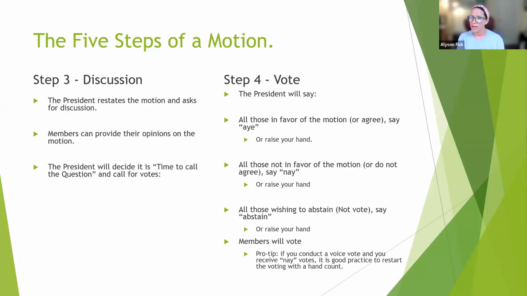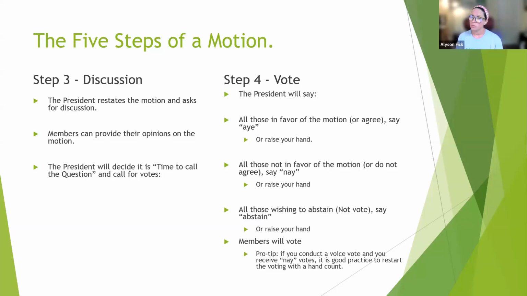This is a formal way to end discussion, time to call the question. Or you can informally say, okay, I think we've all discussed the matter. It's time to move for a vote. Your club will decide how formal or how informal it needs to be when you're utilizing parliamentary procedure.